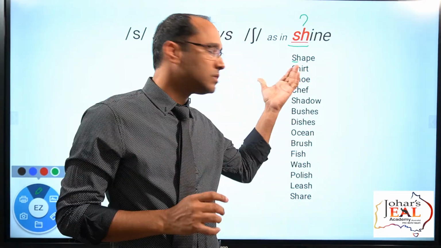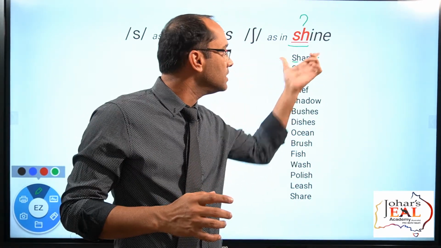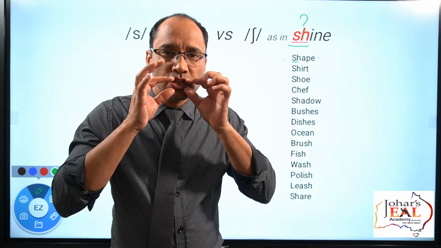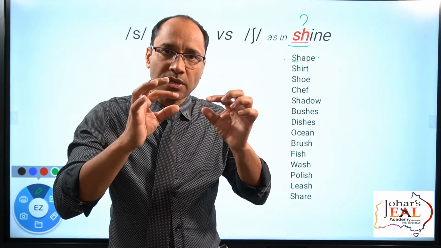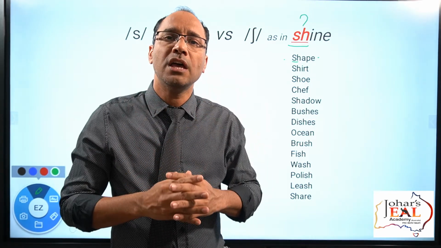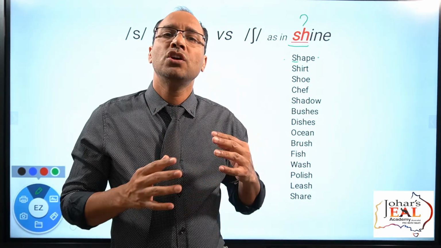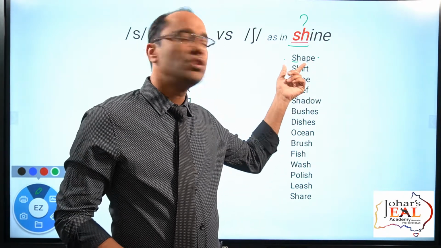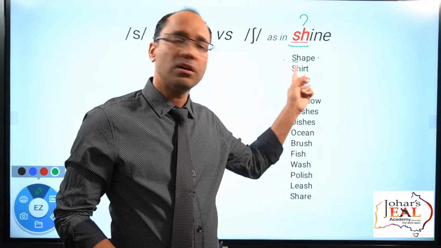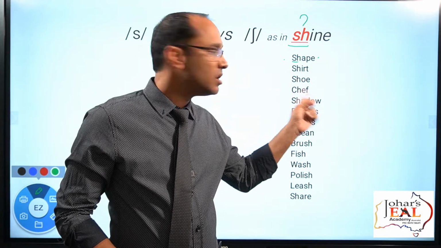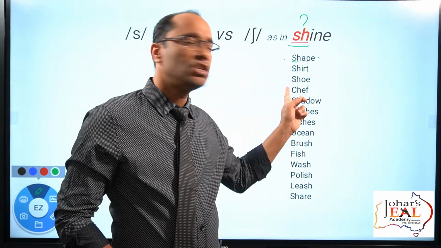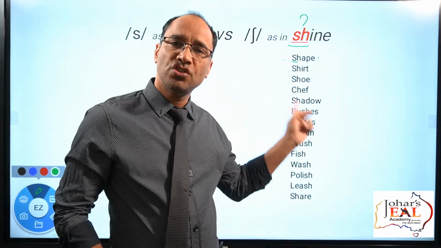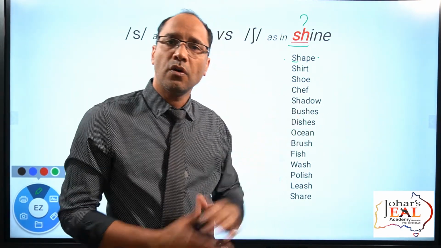So first, don't try to pronounce the word, just pronounce the sound. Shh. Stretch your lips out, round them, and sh, sh. And now say shape, shirt, shoe, chef, shadow. All right.